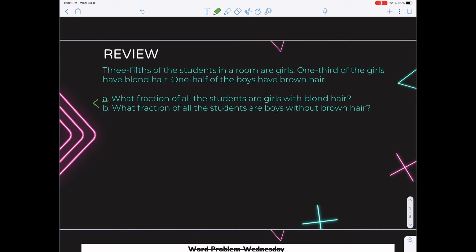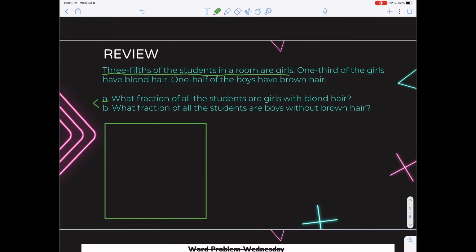3/5 of the students in a room are girls. So I'm going to first just draw a classroom. Alright, so there's my classroom. And it tells me that 3/5 of the students in a room are girls.